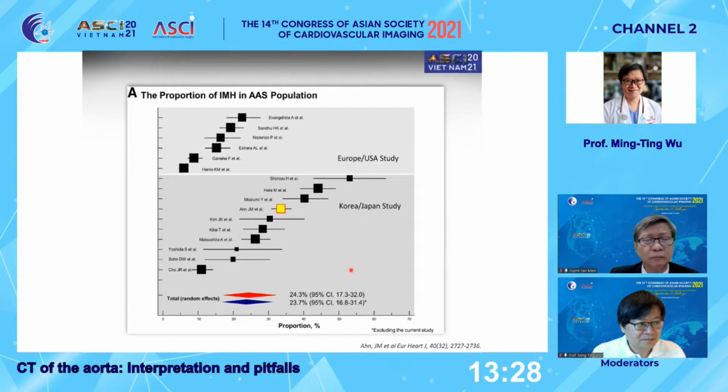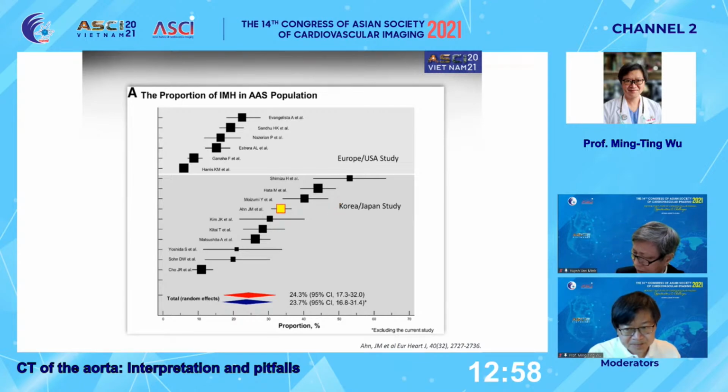Why do we want to talk about IMH? Because compared to Western countries, they have much less IMH in acute aortic syndrome. But Asian people have much more, about 25%, even more than 30 up to 50%.